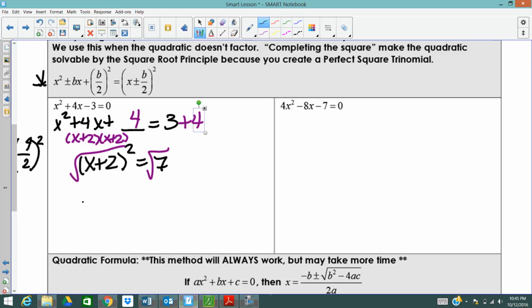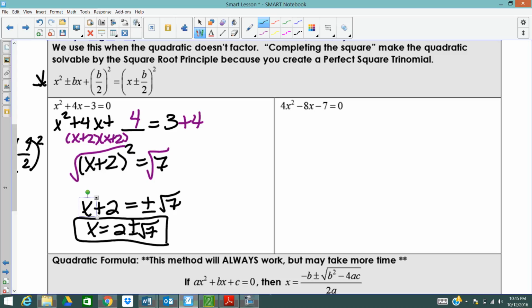The square root and square cancel each other out, so we're left with x plus 2 equals plus or minus square root of 7. So we get x equals negative 2 plus or minus square root of 7. All right, so that's how we complete the square.